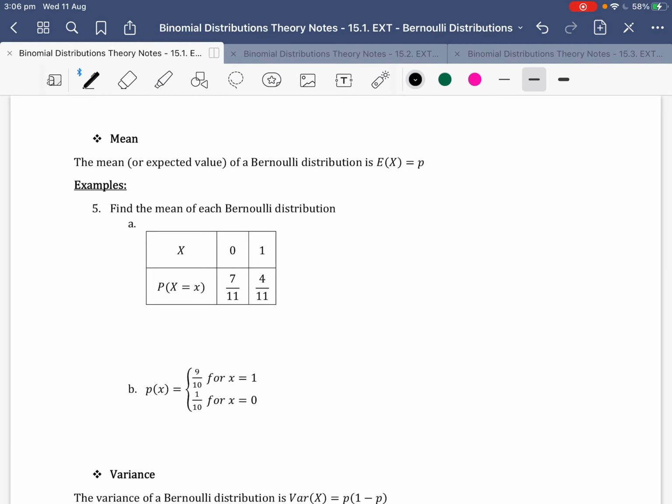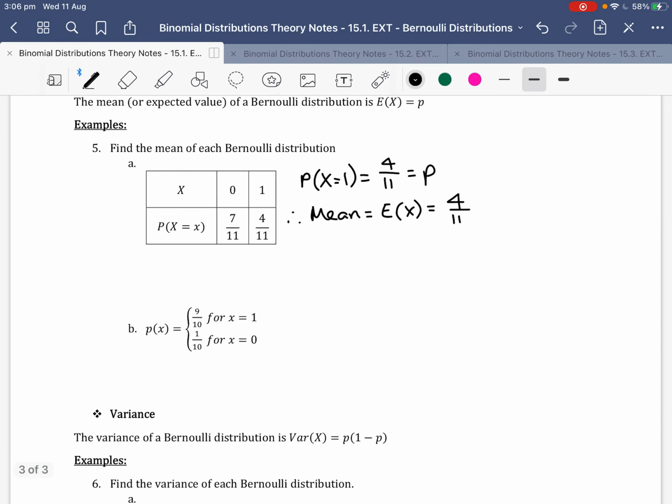Now we want to talk about the mean. The mean or expected value of a Bernoulli distribution is E(X) equals p. So if we want to find the mean of each Bernoulli distribution, we have the probability of X equals 1 equals 4 out of 11, and so that equals our p. Therefore, our mean, which equals our expected value, is equal to 4 out of 11, as it equals p.